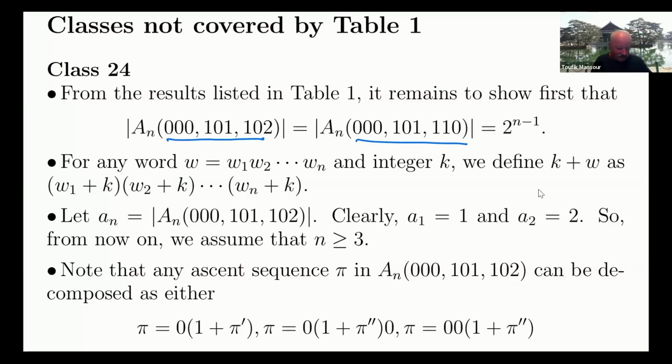And how we proved in this case: let a_n be this number. Clearly, a_1 equals 1 because there is one ascent sequence, which is 0, and a_2 is 2 because there are two ascent sequences, 0, 0 and 0, 1. So I will assume n is at least 3.